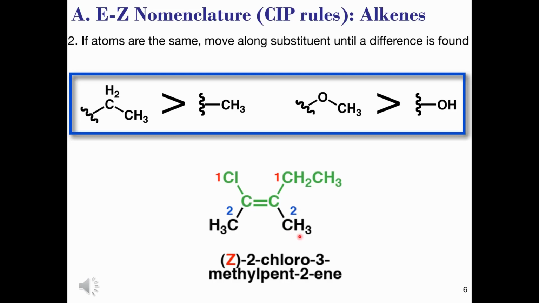So therefore, both priorities 1 are on the top side, and then priorities 2 are on the bottom side. So this would be the Z alkene, and we would use the Z in front just like we do for R and S. This concludes part A.